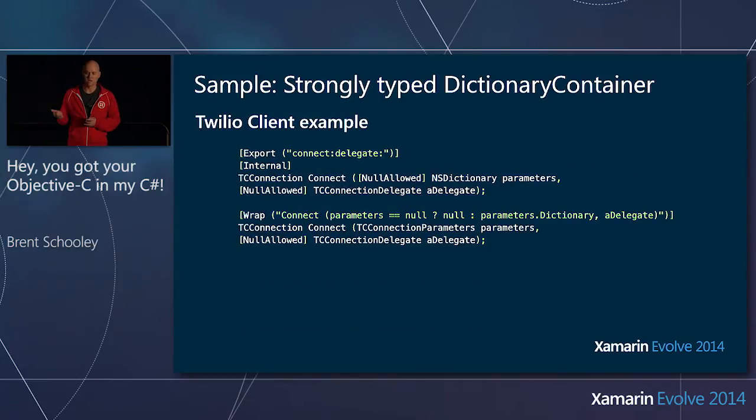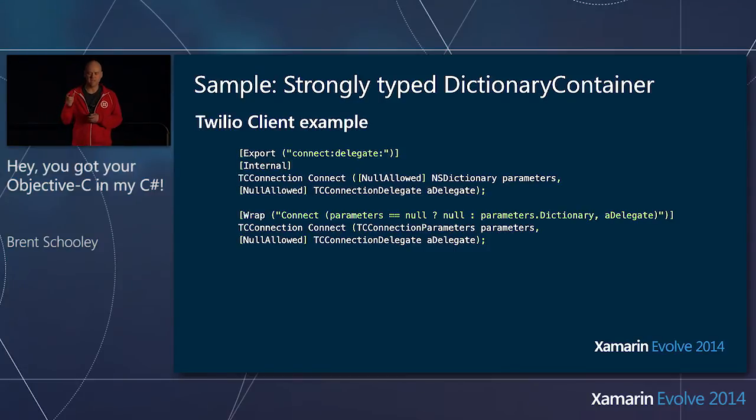And the way you end up making this work, once you have that object declared properly, I didn't point out, but that first connect binding has an internal attribute applied to it. That means it's not going to show up in the binding. So we're completely hiding away the not so great NSDictionary parameters object. And we're wrapping it. So wrap just says, hey, sort of replace this guy. Make him behave the same as this guy.